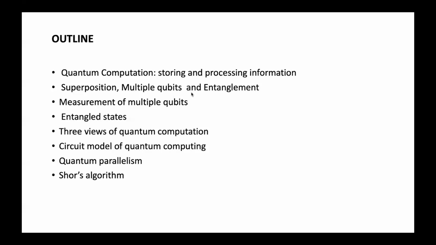We're going to discuss three views of quantum computation, starting from the circuit models of quantum computation. I'm only going to tease you with the concept of quantum parallelism and one slide of Shor's algorithm. This is a very deep concept, and we're going to devote a full lecture in the second semester. But at the moment, I would like you to get some idea about what the so-called Shor algorithm is about.